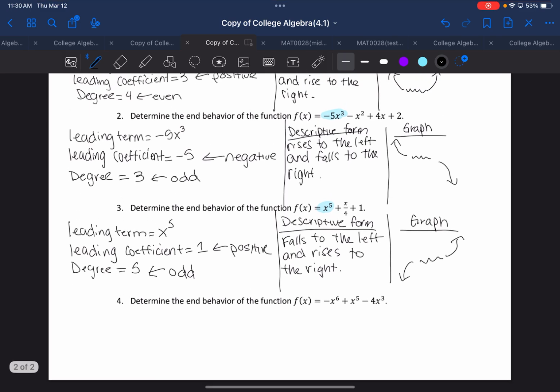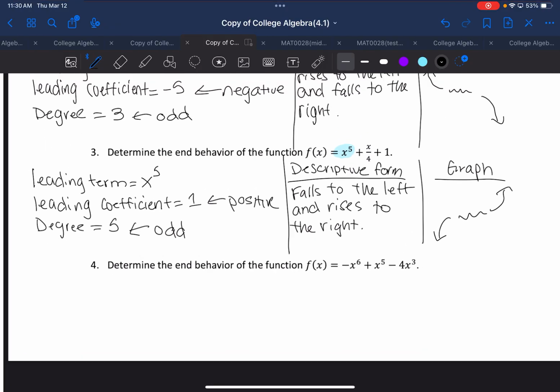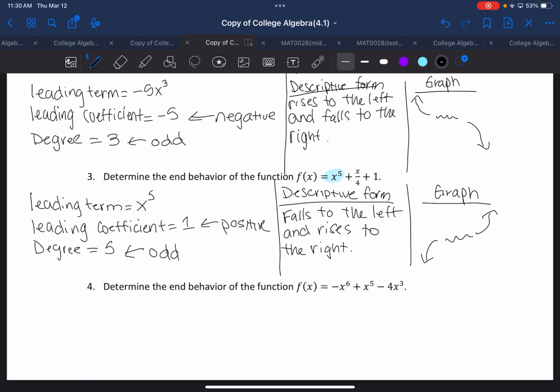Okay, last one. Same thing. Determine the end behavior of the graph. So this function is f of x equals negative x to the 6th power plus x to the 5th minus 4x cubed.